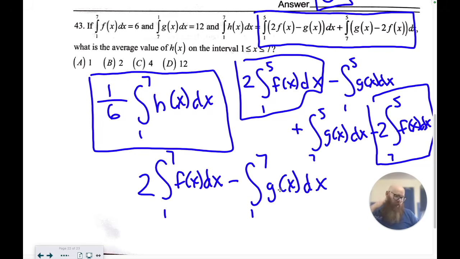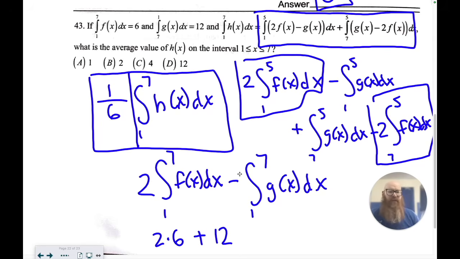All right, now let's remember all of this is just this part of it. So the integral from 1 to 7 of f of x dx is 6. So I have 2 times 6 minus. Now the integral from 7 to 1 of g is 12. Well, this is minus 1 to 7, so if I flip it, that's negative 12, which really turns into plus 12.